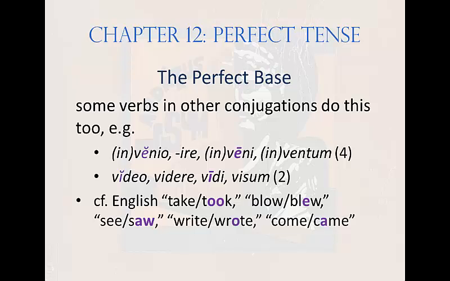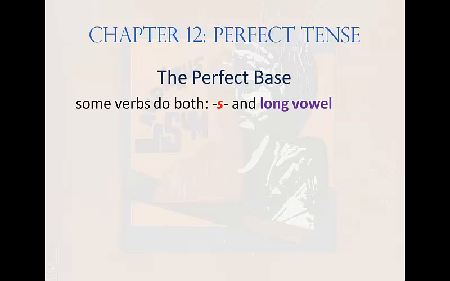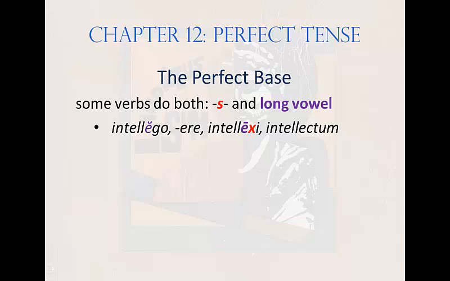Only very common verbs could sustain this kind of irregularity. A few verbs follow two of these patterns. For instance, lengthening the internal vowel in the base and adding s, such as intellego, intellegere, intellexi, intellectum, where both the internal vowel e is lengthened and an s is added, which when combined with g produces the letter x.